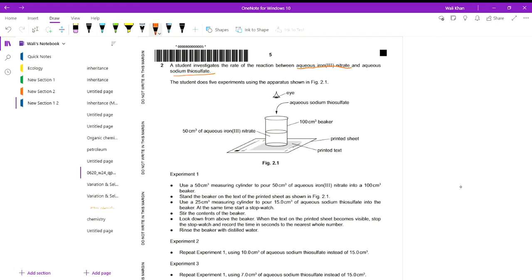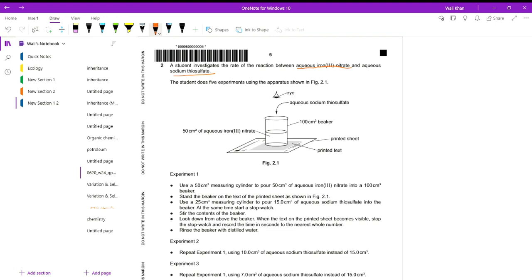Use a 25 centimeter cube measuring cylinder to pour 15.0 centimeter cube of aqueous sodium thiosulfate into the beaker. At the same time, start a stopwatch.